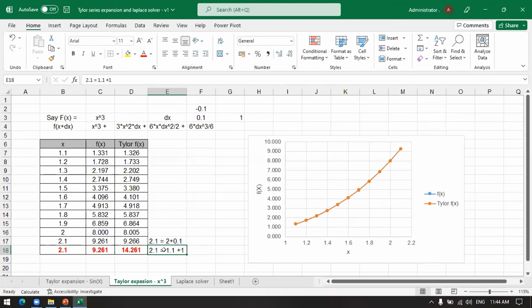I am defining 2.1 as 1.1 plus 1. So what has changed? The delta that we were using changed from 0.1 to 1. And you can see the tremendous impact it has. Suddenly, when our values were matching very closely, now we have a very huge difference. The error probably goes close to 60-70%.